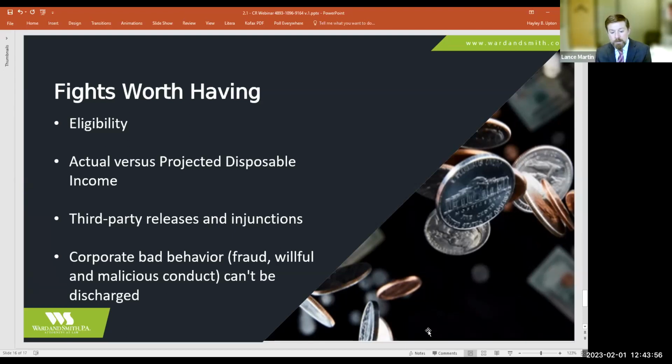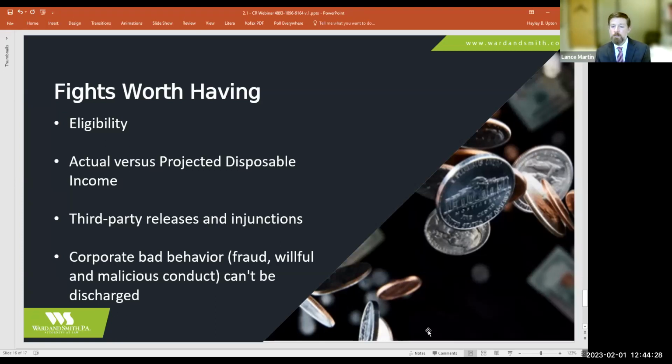So in a situation where there may be some uncertainty or high variability as to what the future income of the debtor is going to be, I think this is an avenue worth pursuing with the debtor in negotiating the terms of the plan. And then if you can't, and you're at a contested hearing, pushing for this with the court.